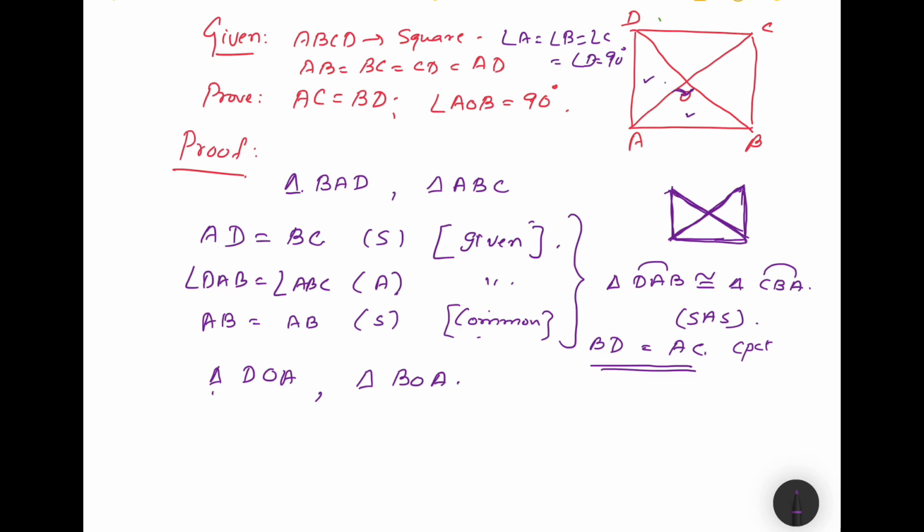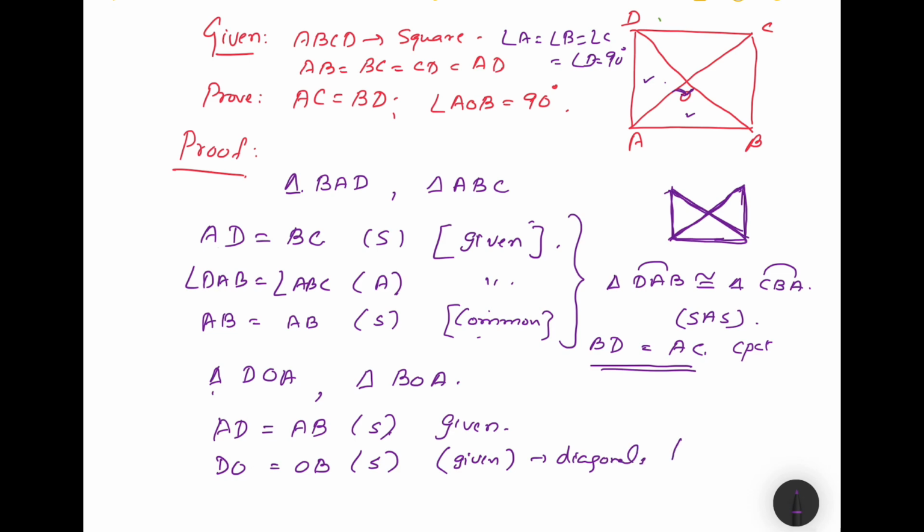So, in DOA, you have AD equal to AB, side, given, it is a square. Then DO is equal to OB, side, this is also given, the diagonals bisect each other.